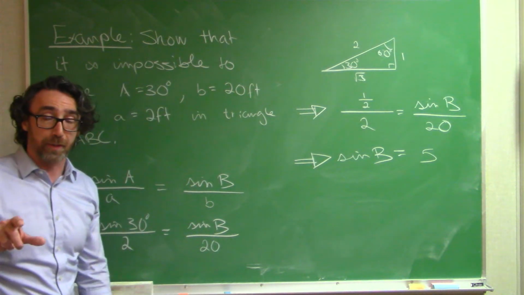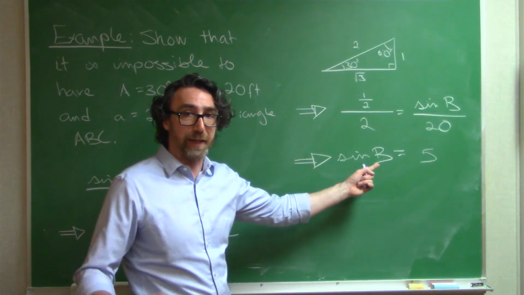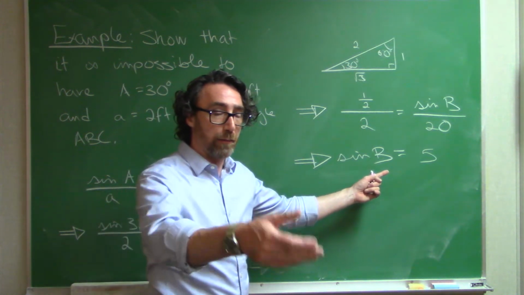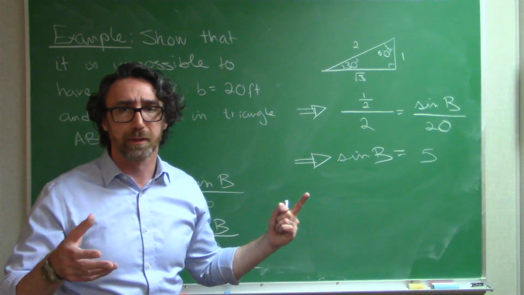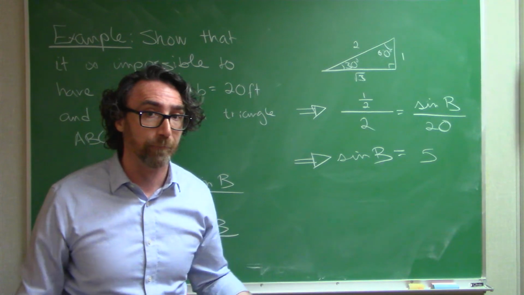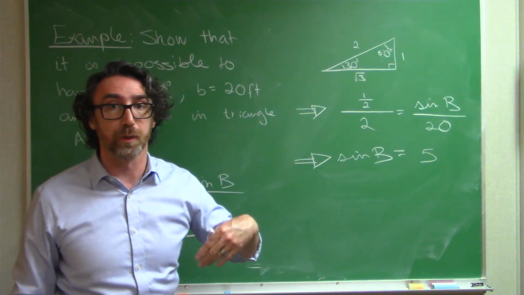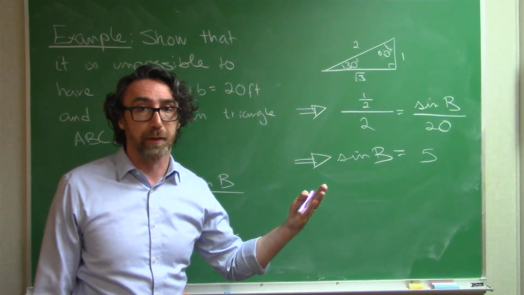Now this is a problem. Okay, remember that if I take the sine of an angle, I'm talking about opposite over hypotenuse. The hypotenuse of a right triangle is by definition the longest side. So I'm making a fraction where the denominator has to be bigger than the numerator.